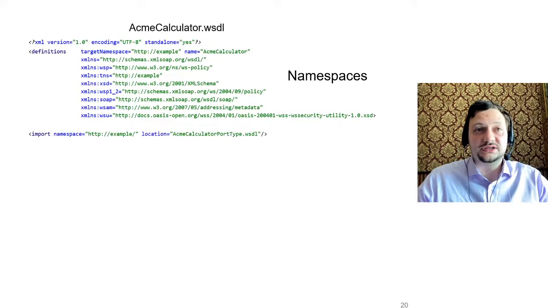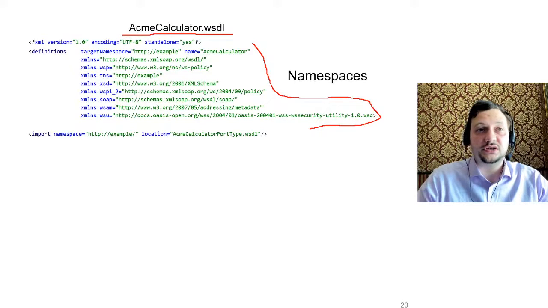So this would be created as the WSDL of this calculator. The first part of this WSDL document is the namespaces part. These namespaces would be the description of the basic standards that would be used to work with this web service.